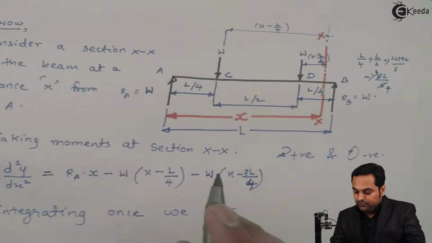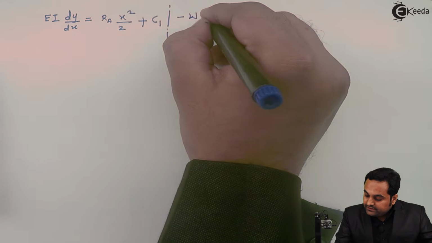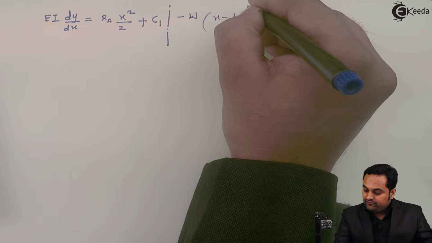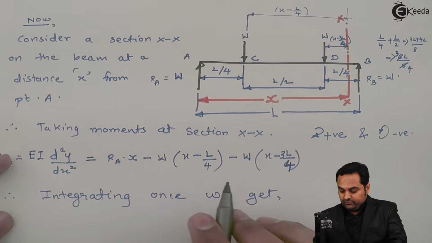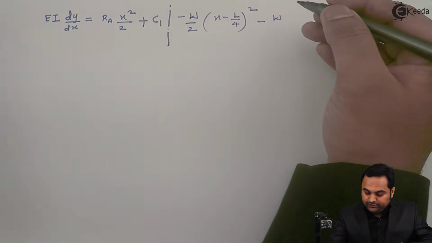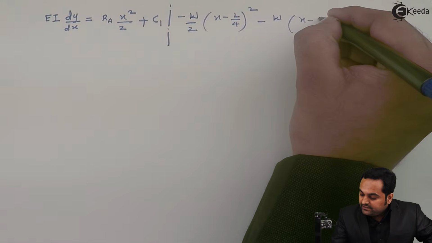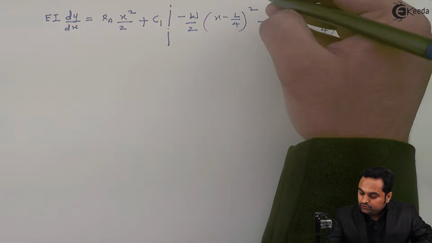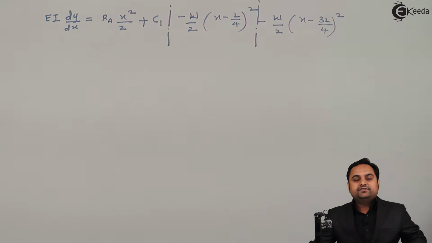Then minus W, it is x minus L by 4, so that will become x minus L by 4 square divided by 2, and for this term minus W into x minus 3L by 4, so x minus 3L by 4 square divided by 2.